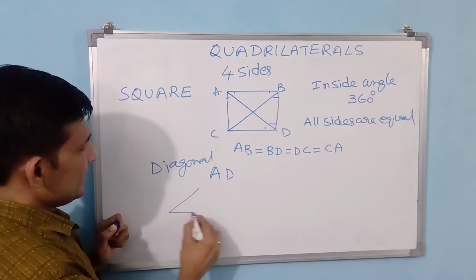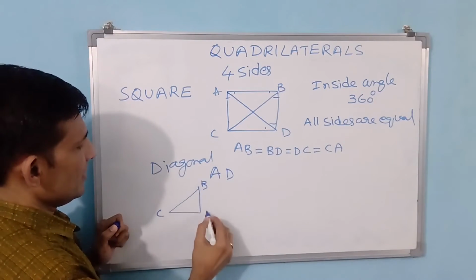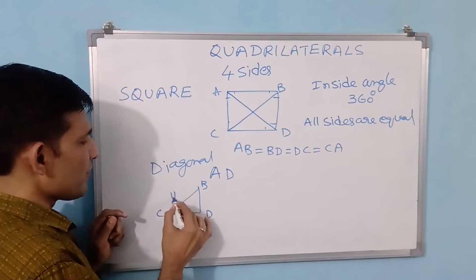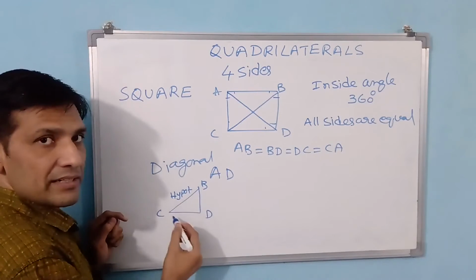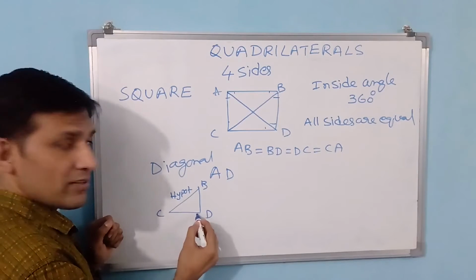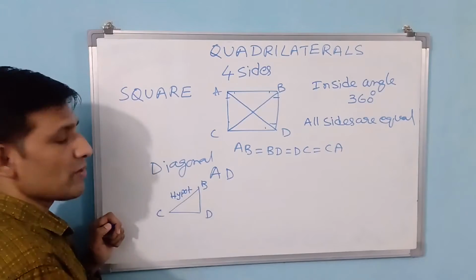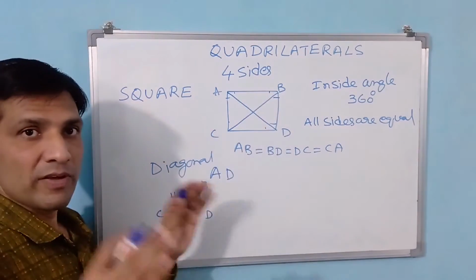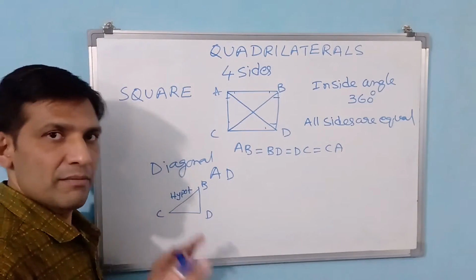If you take CBD like this, that means you have split the square. Then you can call it the hypotenuse again. Why? Because it becomes a triangle. In a triangle there are the base or adjacent side, the opposite side and the hypotenuse. It is going to become the hypotenuse. That means you can find the diagonal of a square by Pythagoras theorem. Okay, basic.